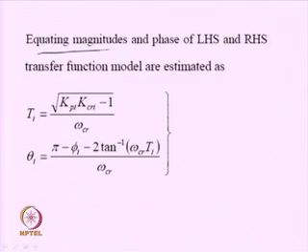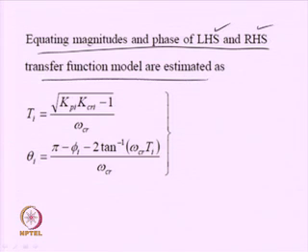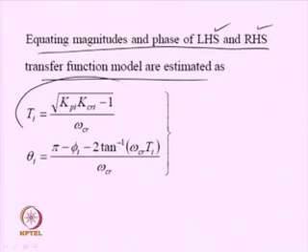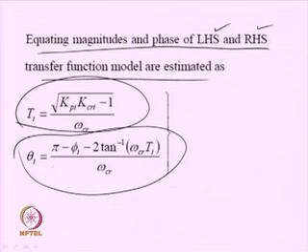Now, equating the magnitudes and phase of the left hand side and right hand side of the transfer function models: taking the magnitude of the left hand side with the magnitude of the right hand side, and phase with phase, results in Ti equal to root of (Kpi Kcri minus 1) upon omega Cr, and theta i equal to pi minus phi i minus 2 tan inverse (omega Cr Ti) upon omega Cr.